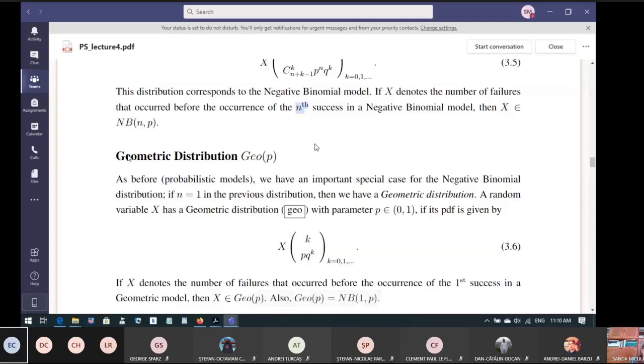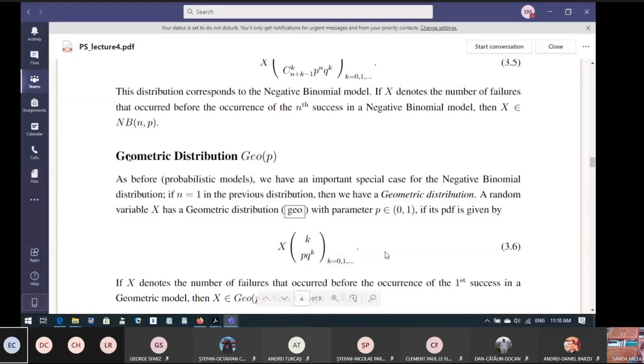So the geometric model said that in an infinite sequence of Bernoulli trials with probability of success p, the probability that before the first success, n equals 1, there are k failures was given by this number here.